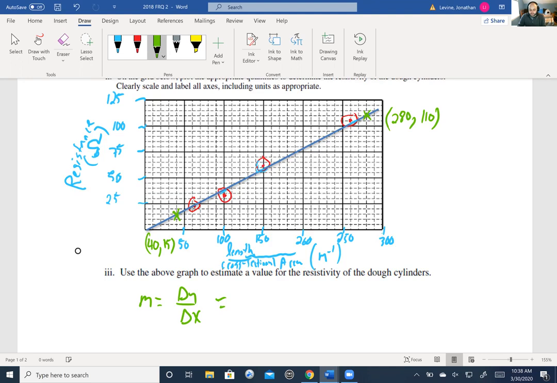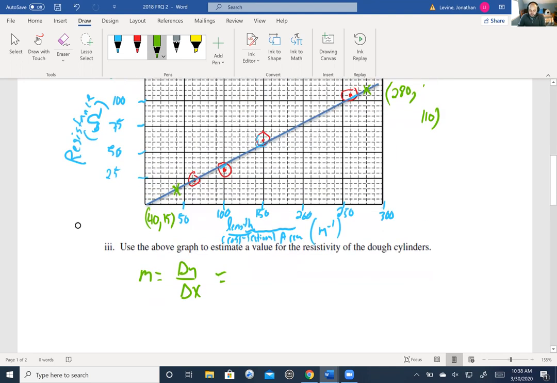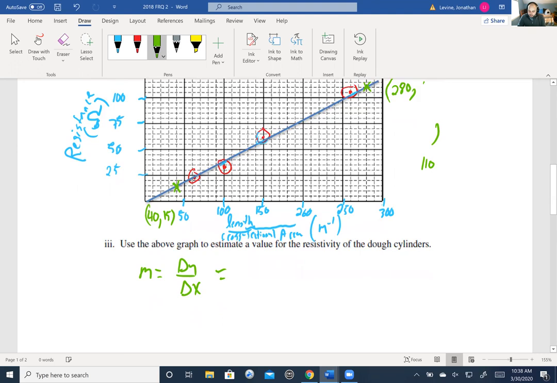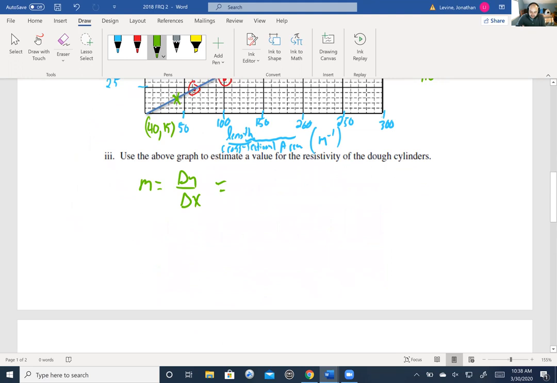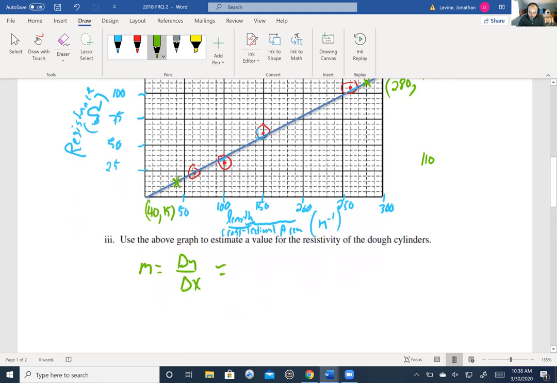So as a result, I can plug in those values, right? So 280, 110. I don't know why that 110 is following me. Weird. Regardless, y2 minus y1, so this would be 110 minus 15, in units of ohms, over 280 minus 40, and this is in units of meters to the minus 1.